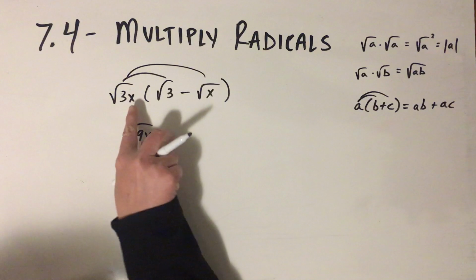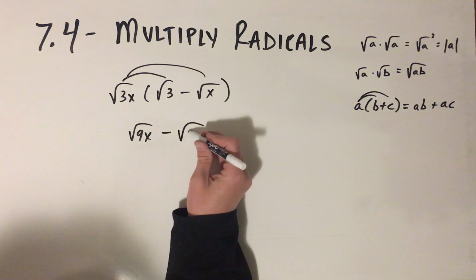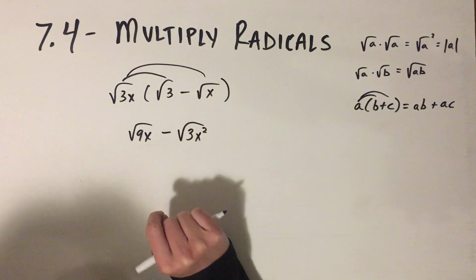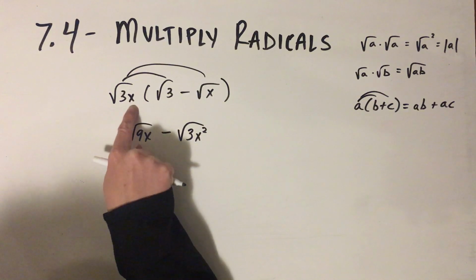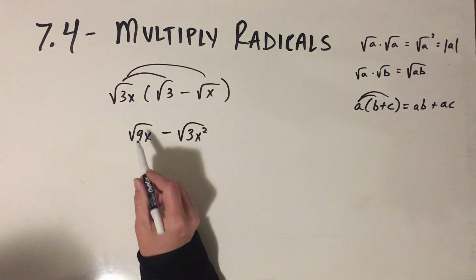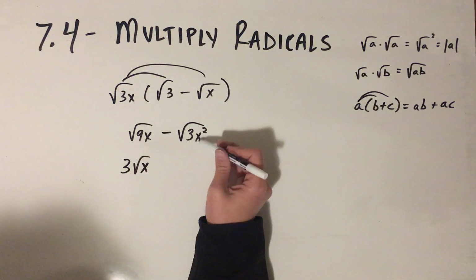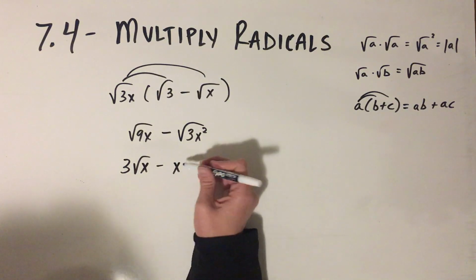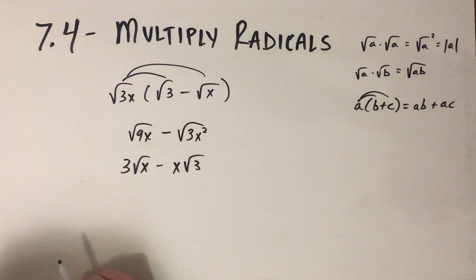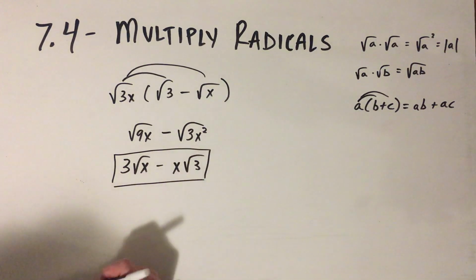Here, I would get minus the square root of 3x squared. 3 times x is 3x squared. 3 times 3 is 9x. So now looking at these, I can simplify this 9 because the square root of 9 is just 3. And the square root of x squared is just x. So I have to simplify them, but in this case it doesn't help me combine them, but you should always write them in the most simplified form.